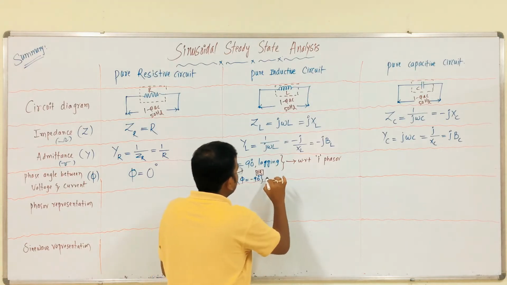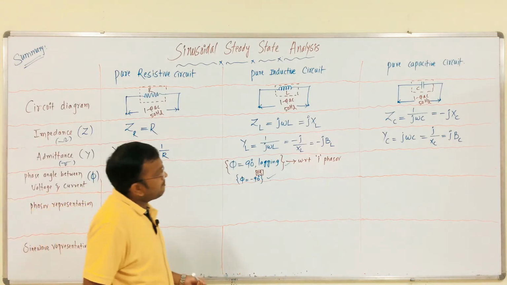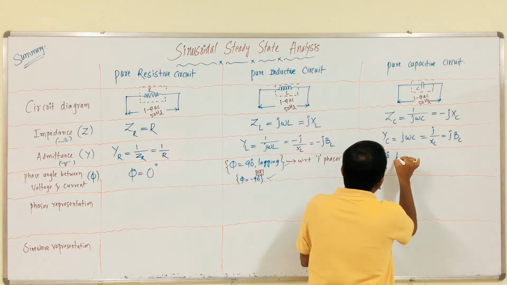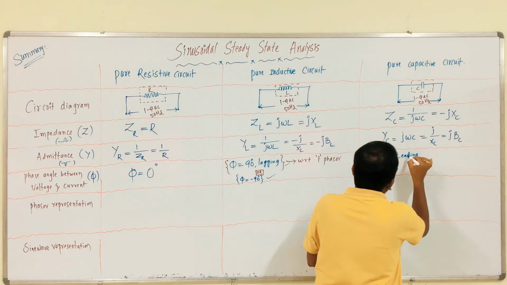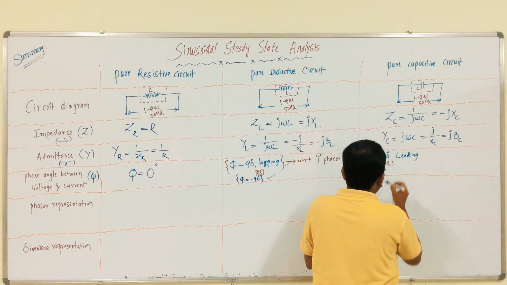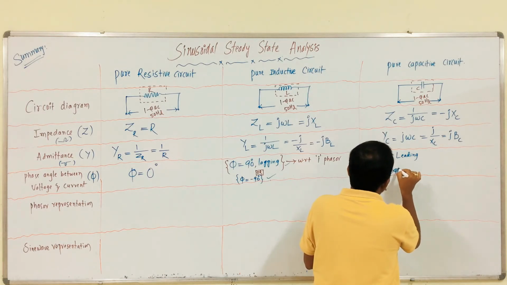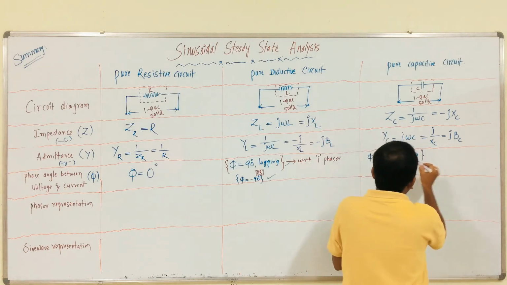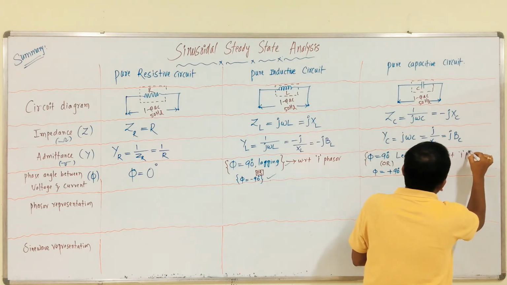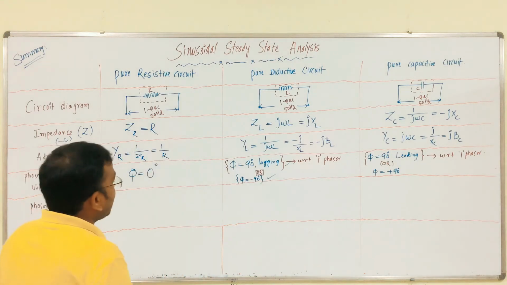This one is correct, this one is also correct. Next, for pure capacitive circuit, phi is equal to 90 degrees leading, or you can say phi is equal to plus 90 degrees with respect to the current phasor. So, phase angle is completed.